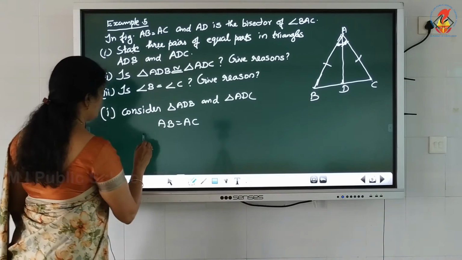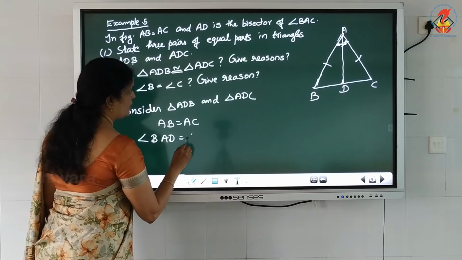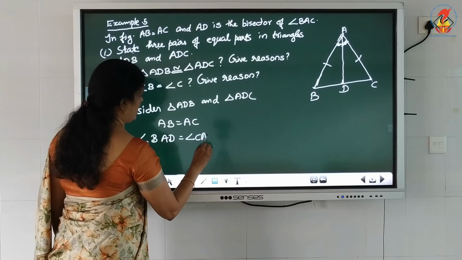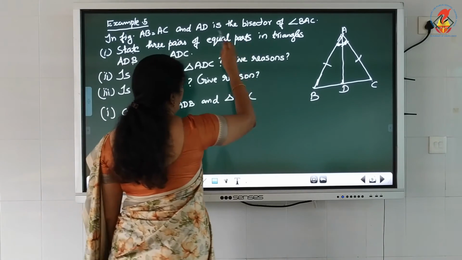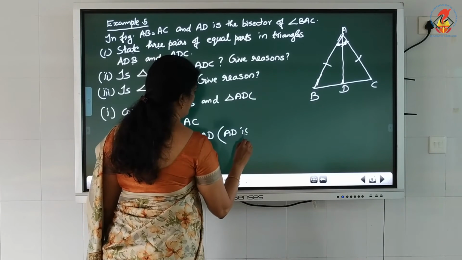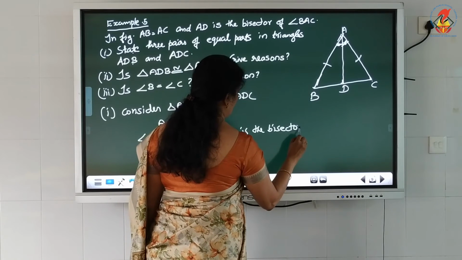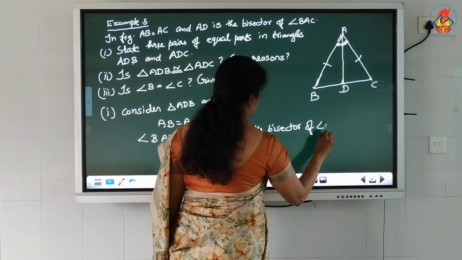Angle BAD equal to angle CAD. What is the reason? AD is the bisector of angle BAC.